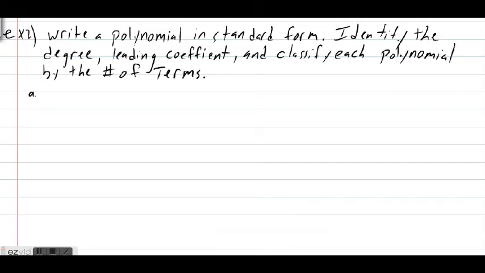Alright, there's a lot of directions for problems that are not that difficult.